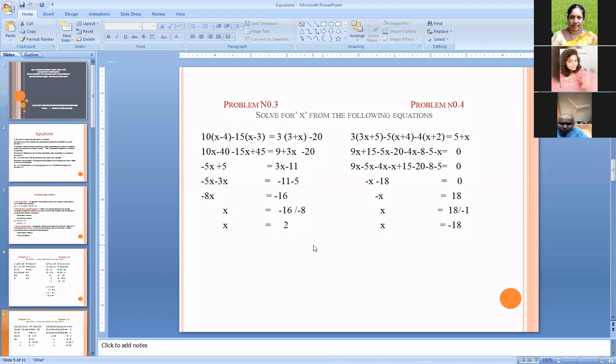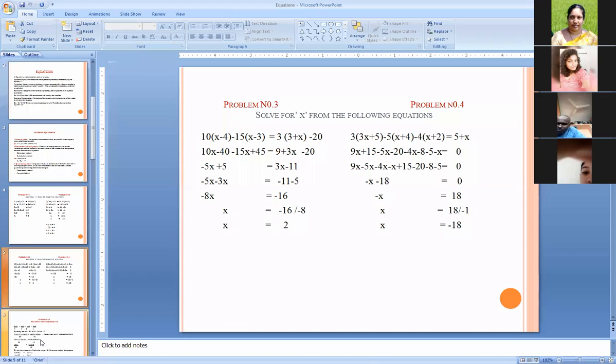You should not club the x variables together with the numbers. Variables of x should be added with x itself, and numbers should be added to or deducted from numbers. So in the previous class we discussed 4 problems.